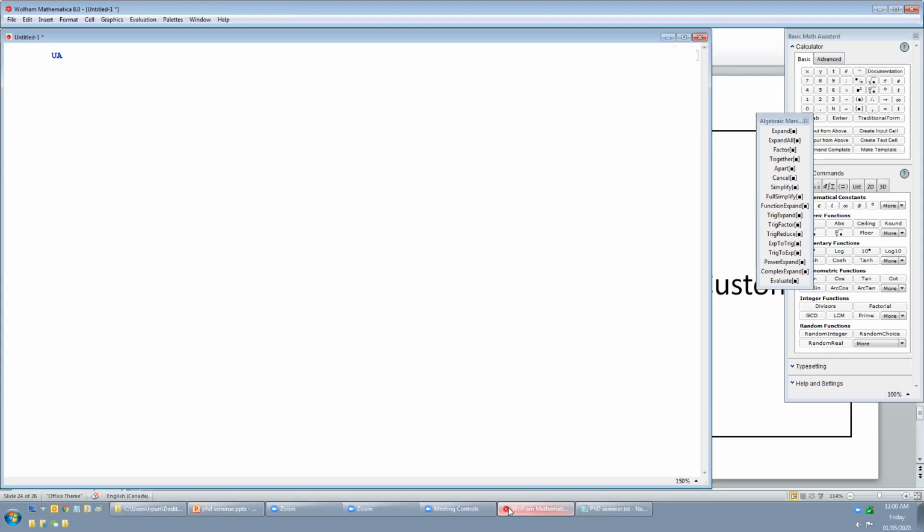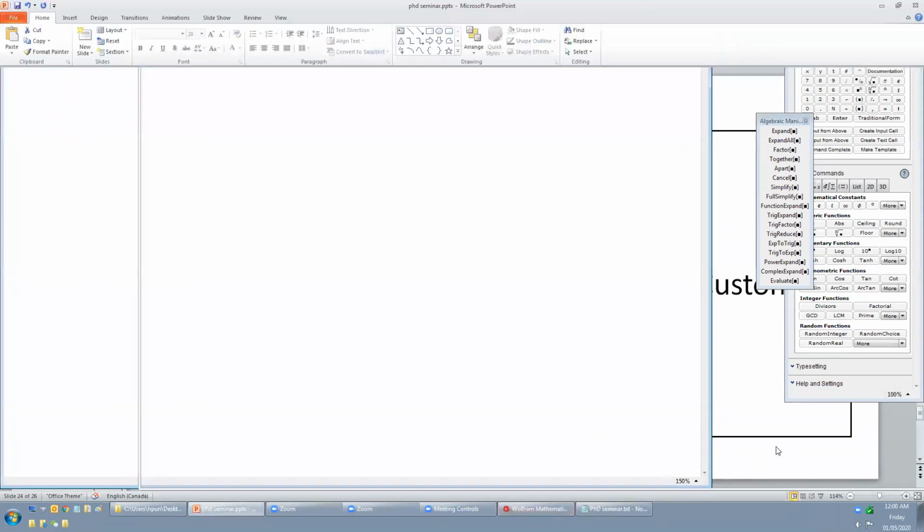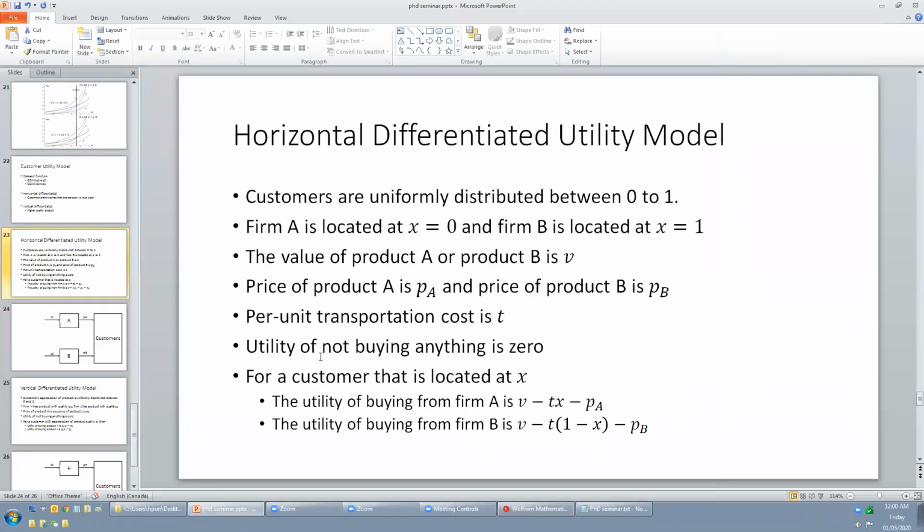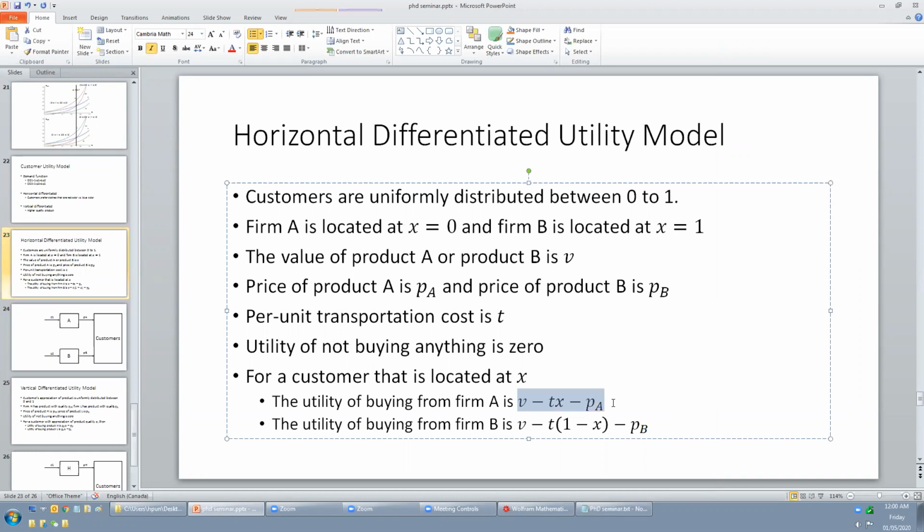The utility of a customer buying from firm A is defined as the value of the product minus T multiplied by X minus PA. What I have written is the general utility function that I have just shown you in the last line, V minus TX minus PA.